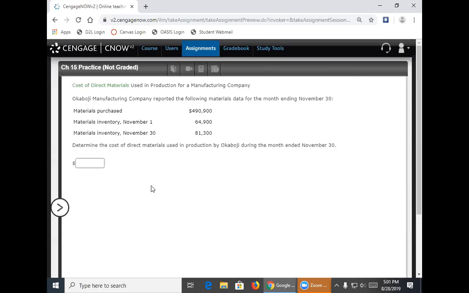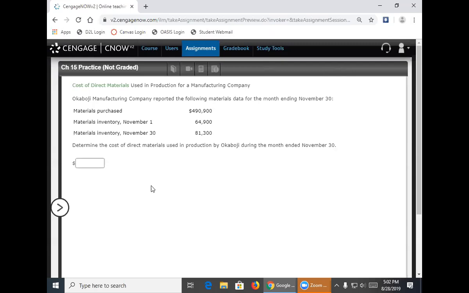So to calculate what was used, we take the total materials minus that ending. Okay. So how much did I use? $474,500. Perfect.